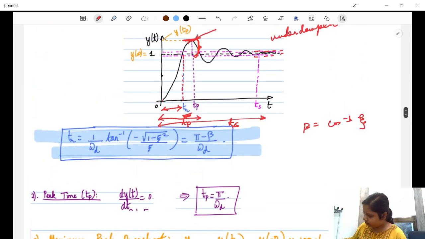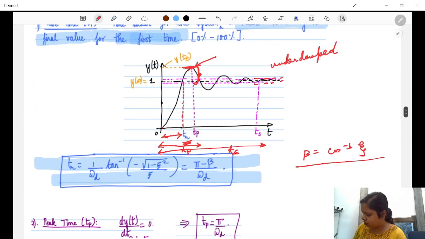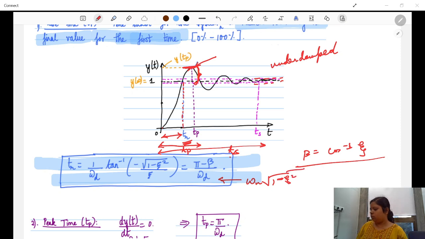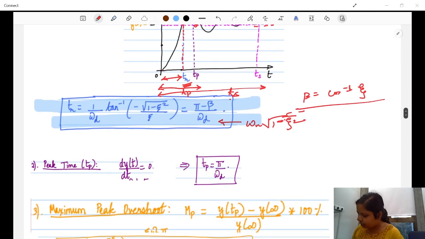So that is the relation present here as well. When you write the beta, here it is cos inverse zeta, and omega d is omega n under root 1 minus zeta square. So this is our rise time.